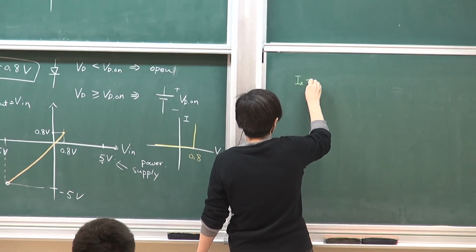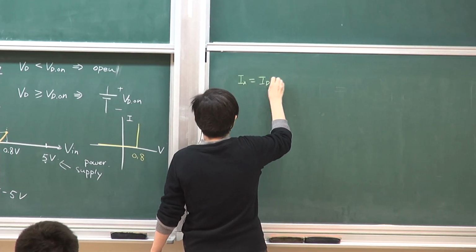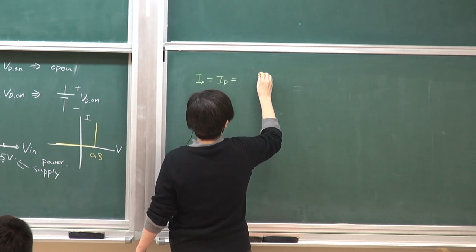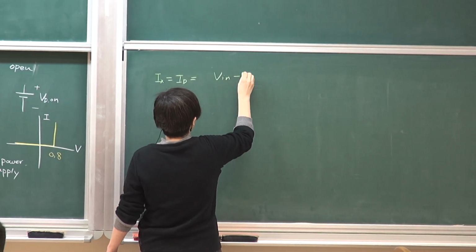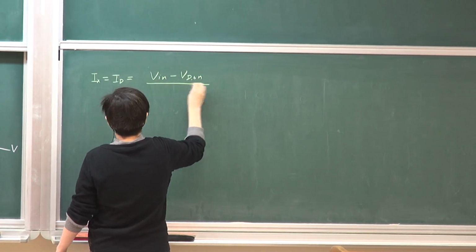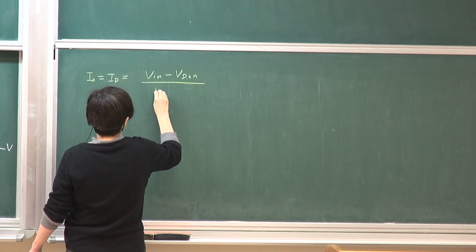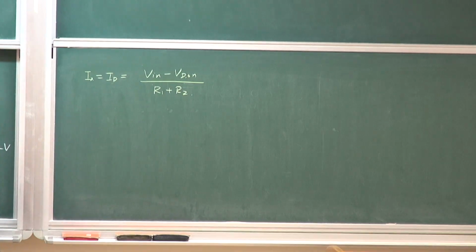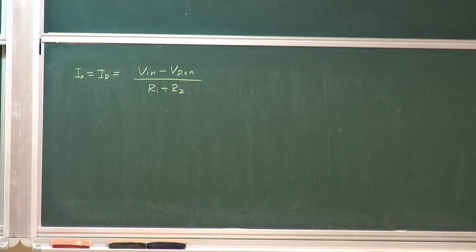Once again, Ix equals ID equals Vin minus VD on, divided by R1 plus R2. Right? The voltage drop across these two resistors is written like this.